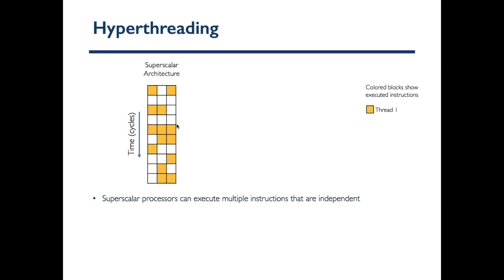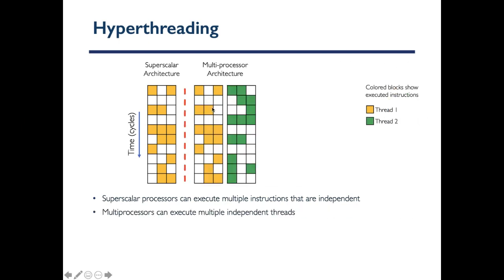So as you can see in this picture, there are a lot of empty spots here. These are wasted CPU cycles. You could have done something here, but because of the dependencies in your code, you were not able to use those cycles. So one fix to this is multiprocessor architecture.